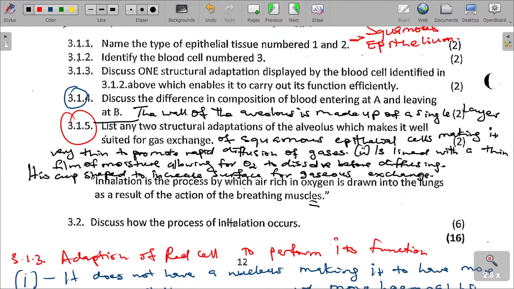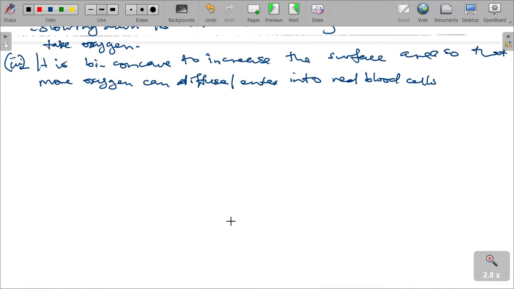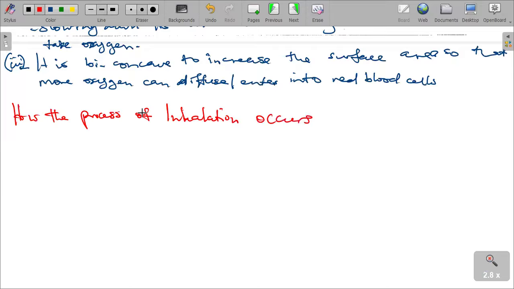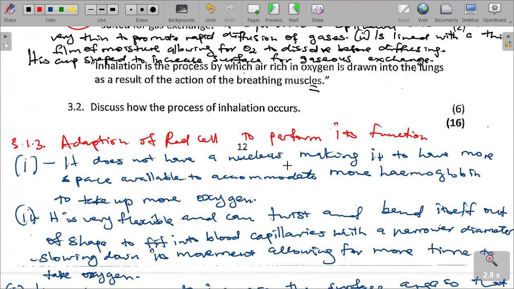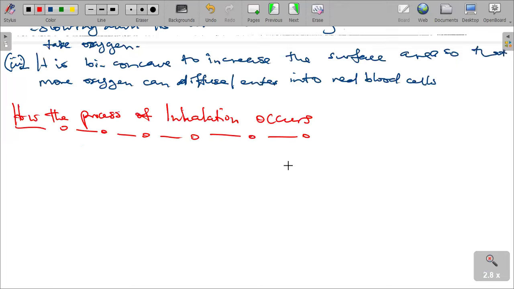Discuss how the process of inhalation occurs. Question 3.2.